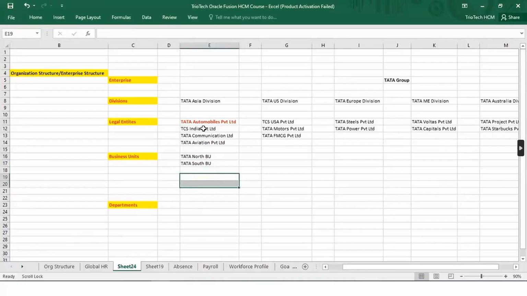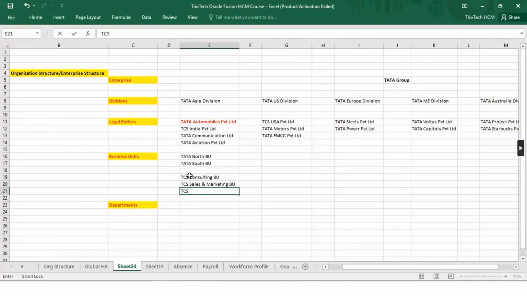Let's say coming to TCS India Private Limited. My client is telling Kumar, in TCS, I have business units like TCS Consulting BU. Then TCS Sales and Marketing BU. Then something like a Support BU.